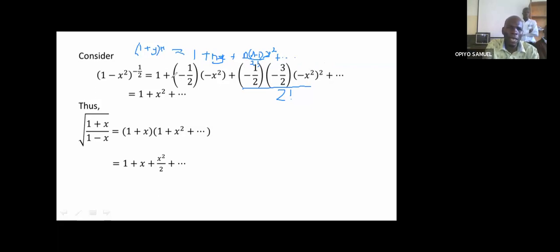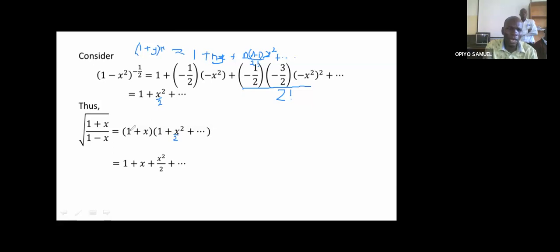So we only remain with 1 plus x squared out of 2. Then we need now to multiply this.